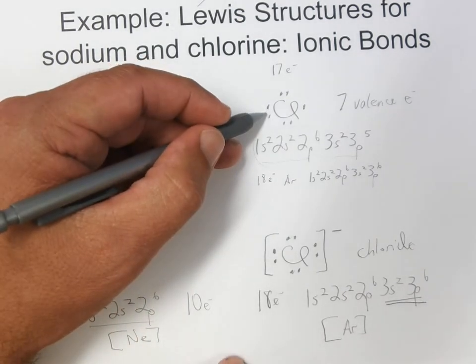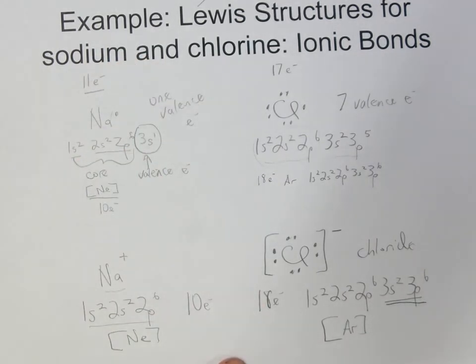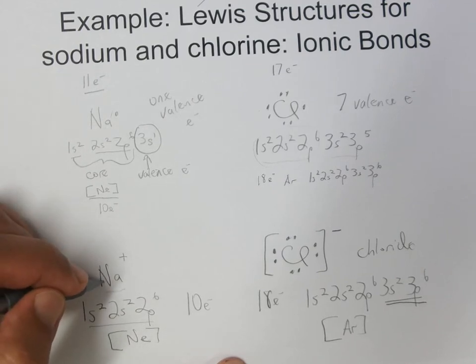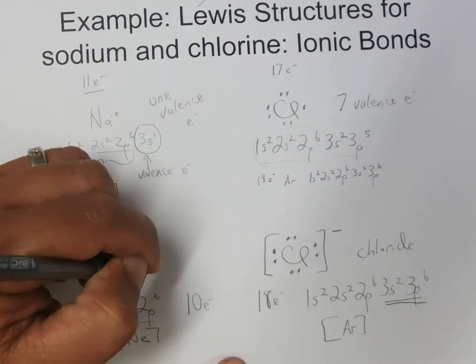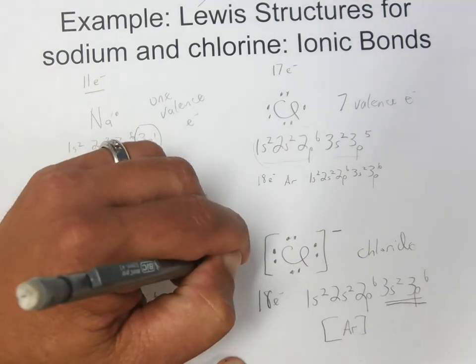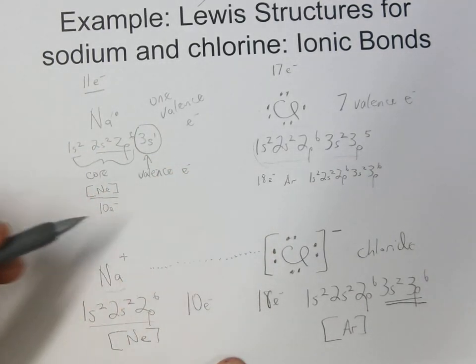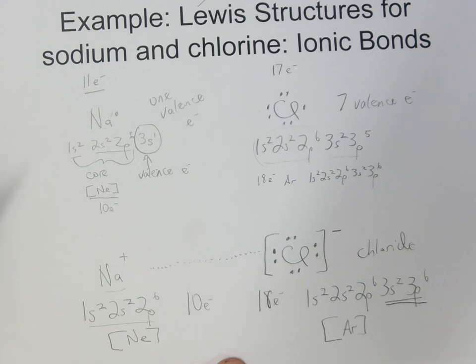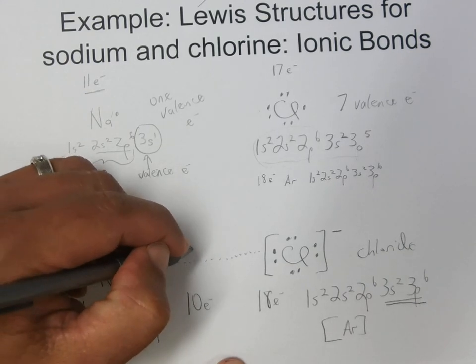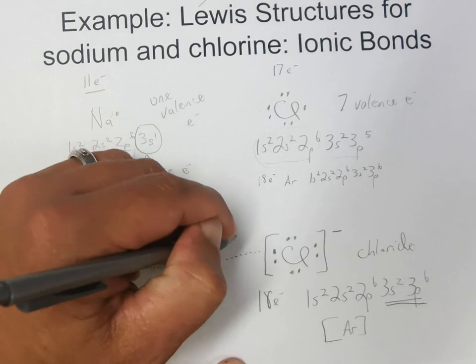Chlorine would just gain 1 electron to form chloride, and the nature of the ionic bond is not shared electrons like a covalent bond, but simply that a positively charged ion like sodium would be attracted to anything negative like a chloride, so the sodium ion would be attracted to the chloride ion because they're opposite charges. That's the nature of the ionic bond.